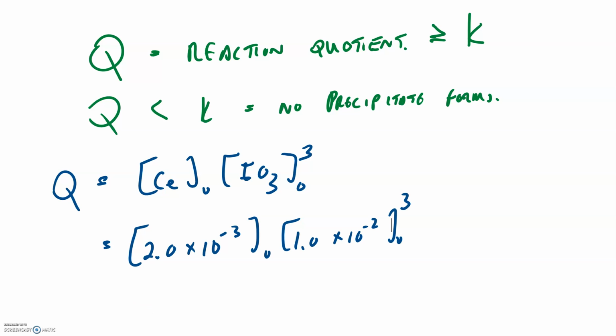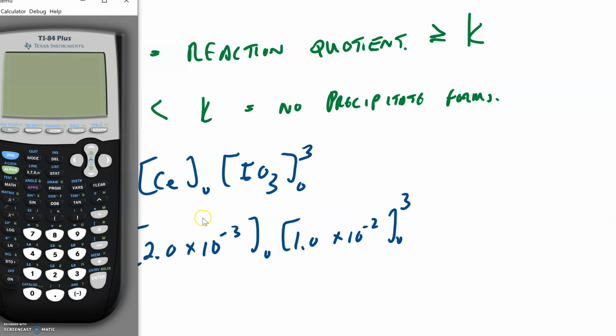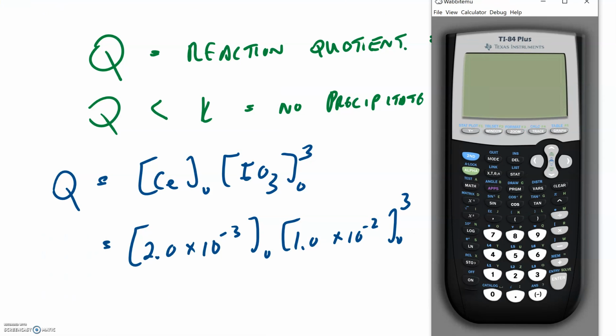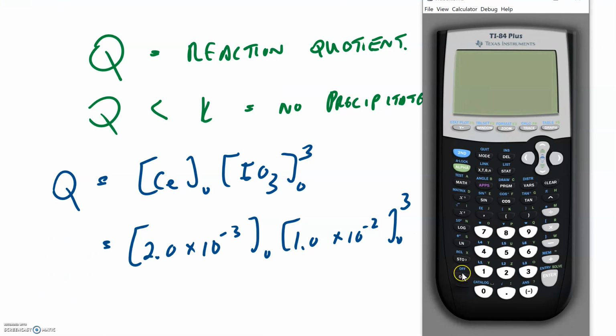So let's bust out our fancy calculator. Let's put this over here so I can see what I'm doing, and let's turn it on. We're going to say 2 times 10 to the negative 3rd, and we're going to multiply this by 1 times 10 to the negative 2, making sure that's times 10 to the negative 2nd.